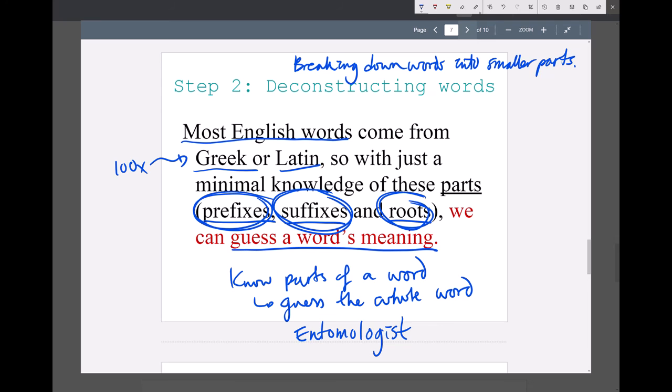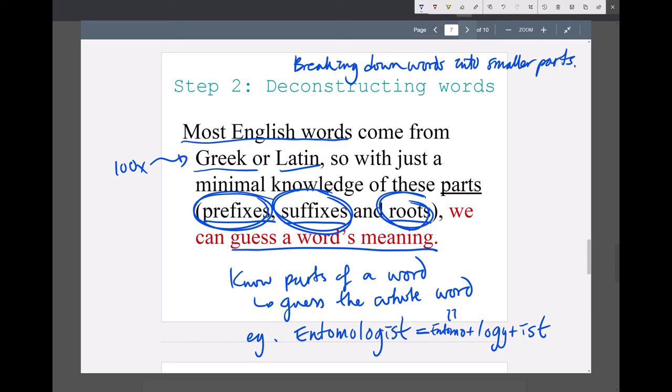Here's an example. What parts do you recognize right away? So you recognize the IST, yes. You recognize the LOGY, and then you may or may not know this part, entomo.